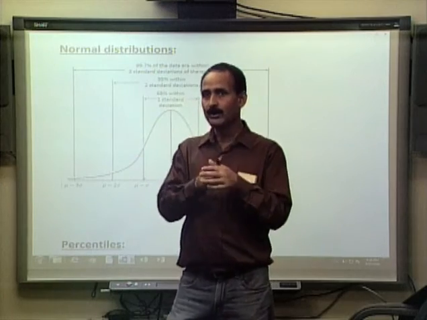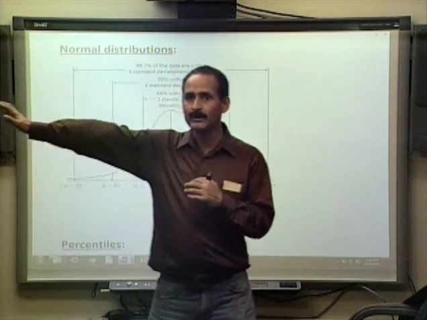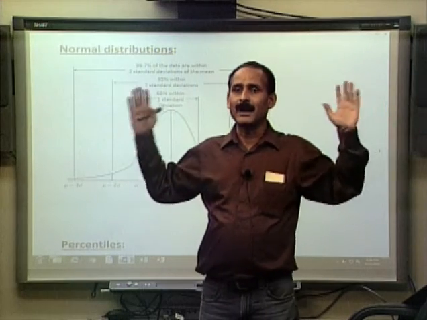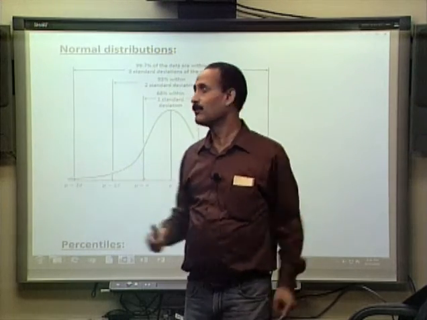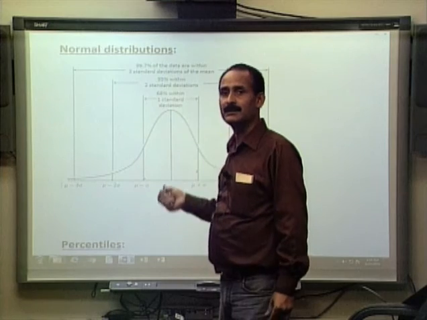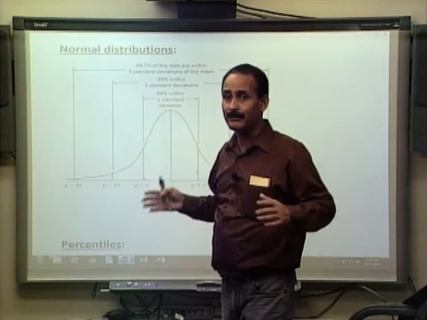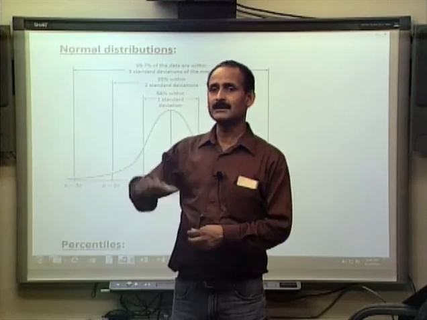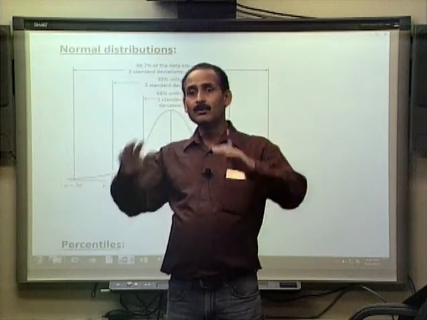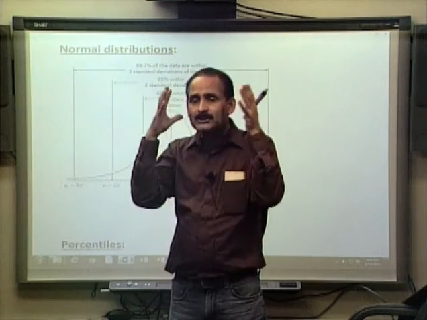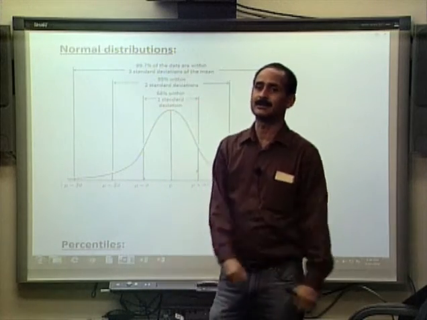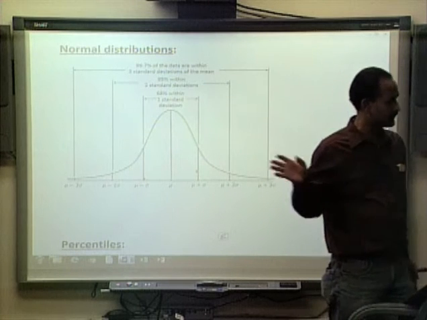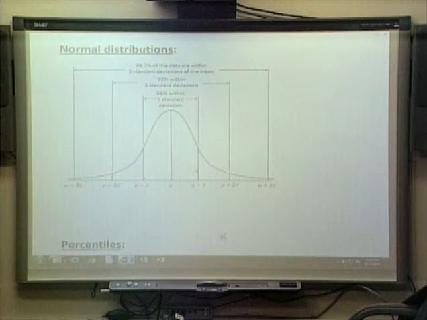That means we will be excluding only 0.3% of the data. If we go 3 standard deviations below the mean and 3 standard deviations above the mean, we are capturing almost everything in the distribution. That 0.3% is a very small exclusion.